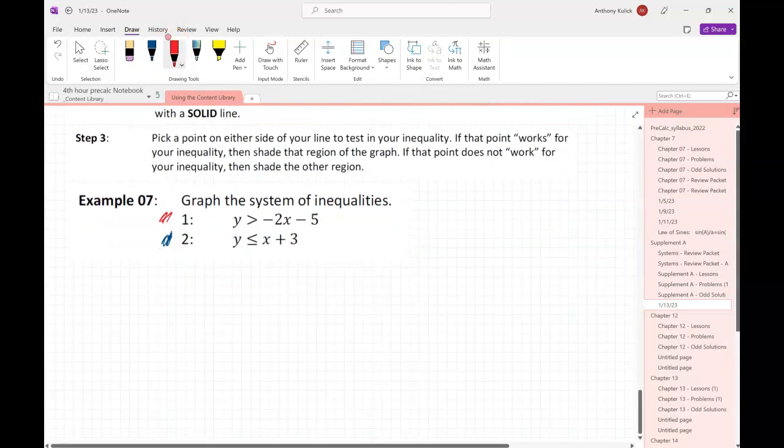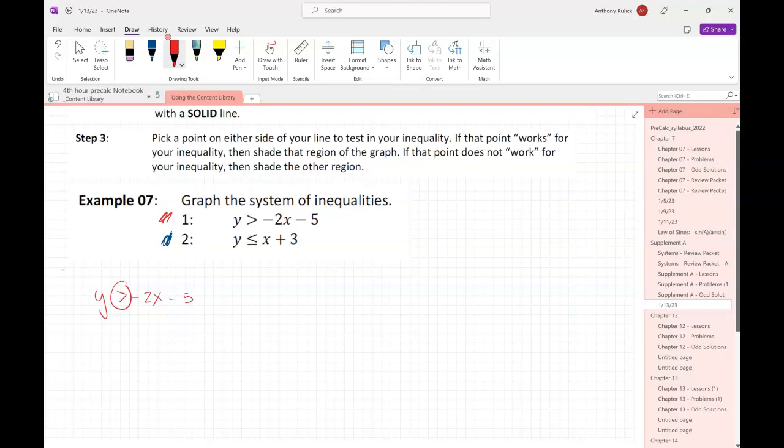All right, so let's start with the first equation. I'm going to graph that in red. Because this is just a greater than, I know I have a dotted line. And because it's a greater than, we're going to shade above.